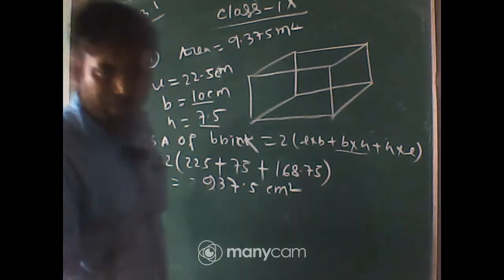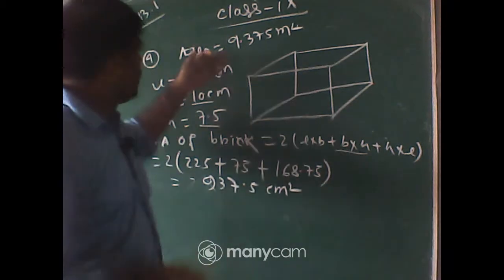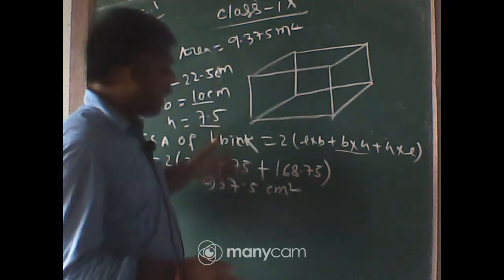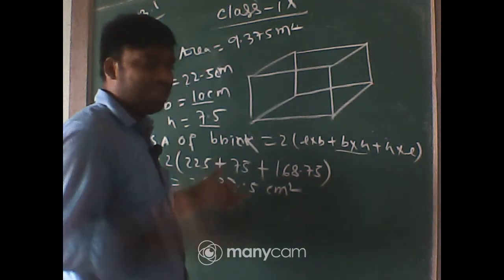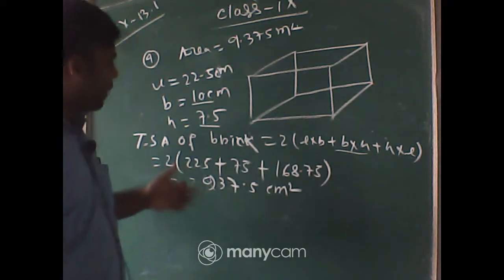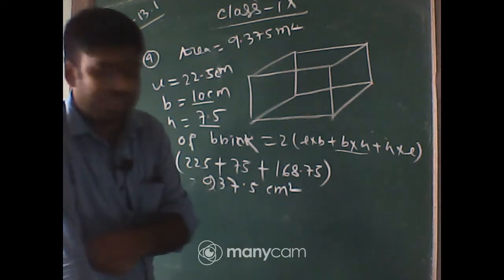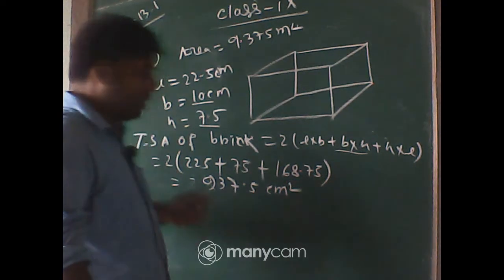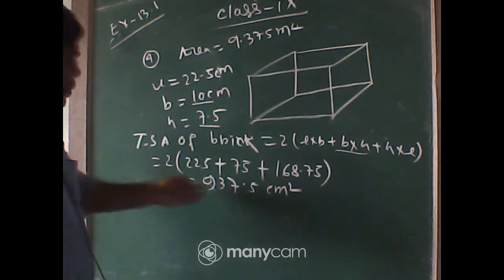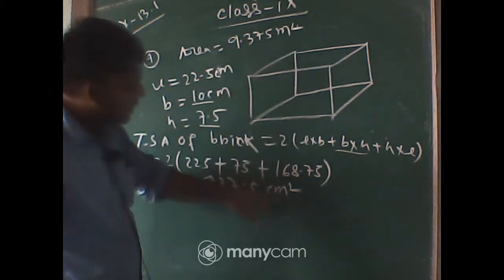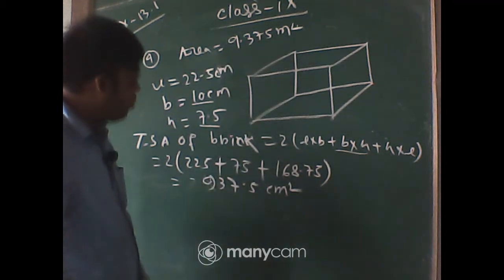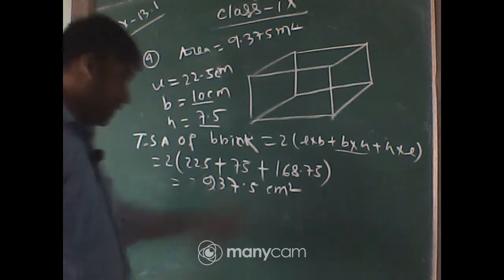In other words, you have to paint that area, and with that color, how many bricks can you paint? Okay, that is the question. Now one thing, students: one area is given in meter square, the other in centimeter square. Now we must convert.